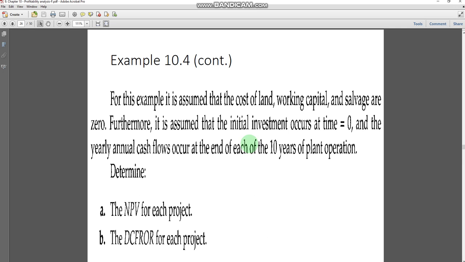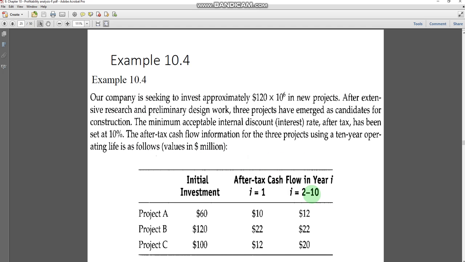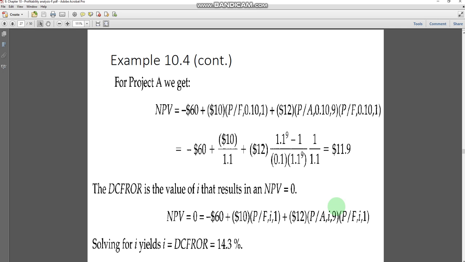Now from years 2 to 10 we have $12 million annually. So we again have to calculate the present value at the start of year one. The annuities are given here for a period of 9 years, from 2 to 10.